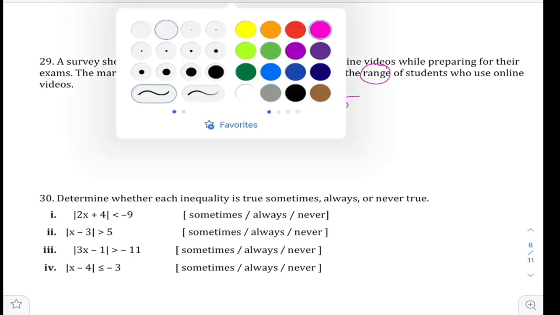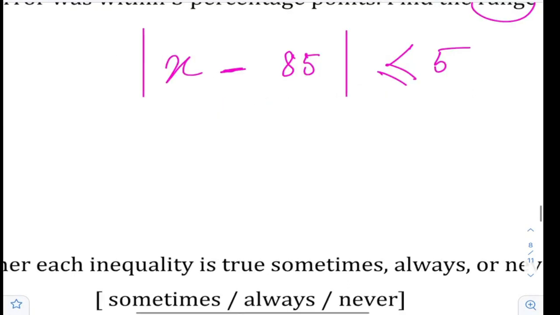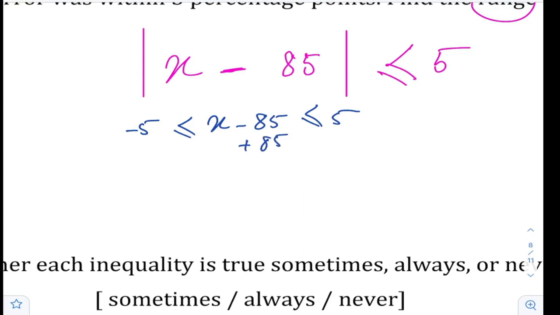For this inequality, it is an and inequality, and we can solve it as we have done lots of similar questions before. And then adding 85 to all sides, we now have only 80, and here we have 90. 5 plus 85 is 90.